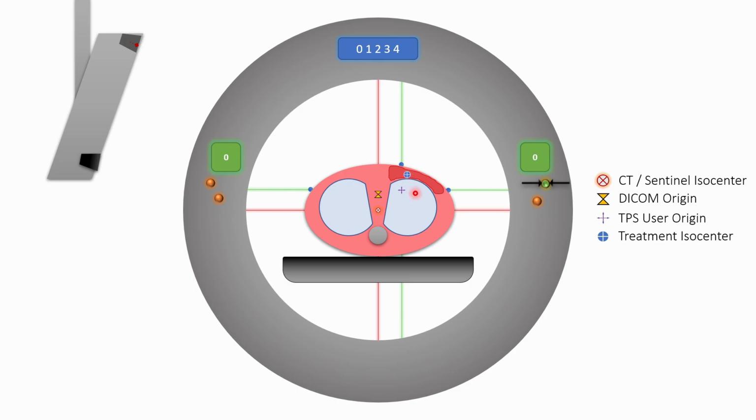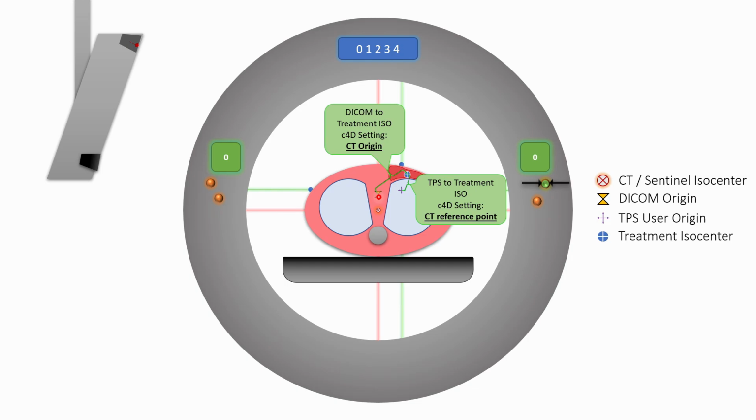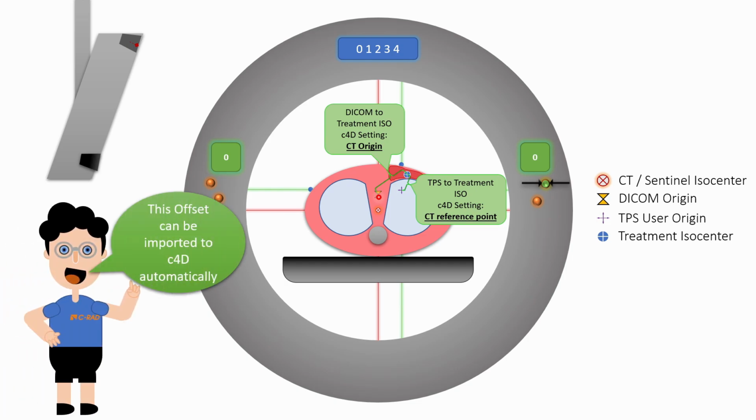In the DICOM environment, the treatment isocenter has coordinates in relation to the TPS user origin, which you can set, but also to the DICOM origin. And guess what? C4D can import both of these offsets automatically.